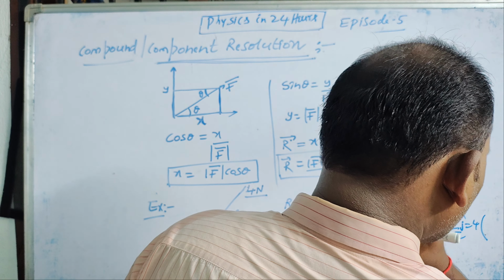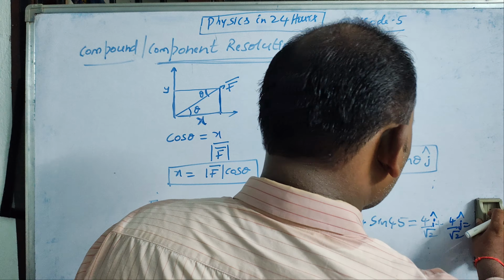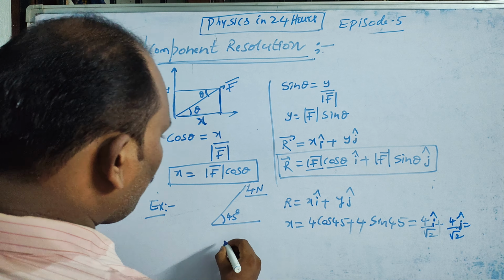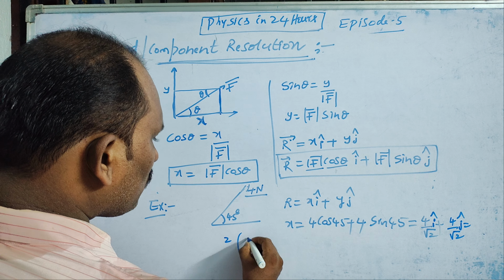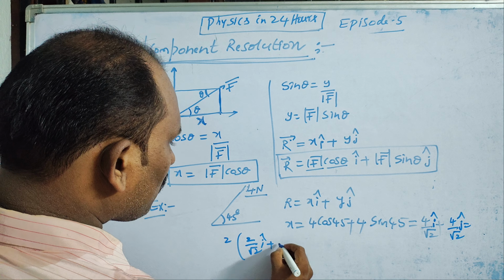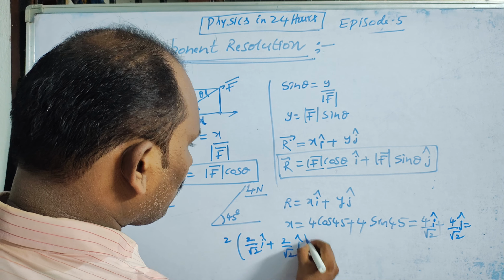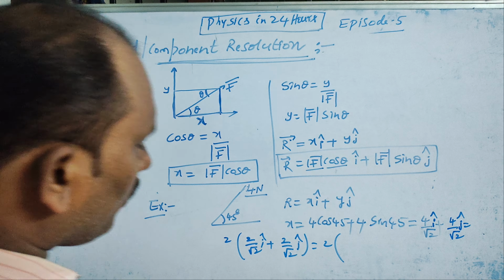So what will happen to the resultant of this? So 2 by root 2 i cap plus 2 by root 2 j cap. I hope you understood. So 2 is common.